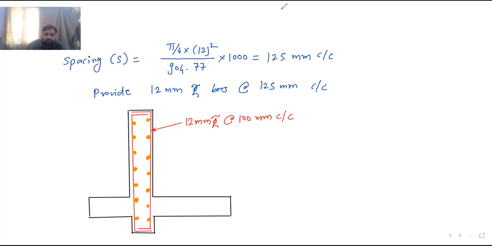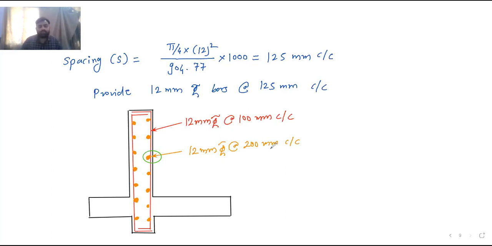So what is the value? It is 12 bars, about 200 center to center. Okay. So these are 12 mm bars about 200 mm center to center.